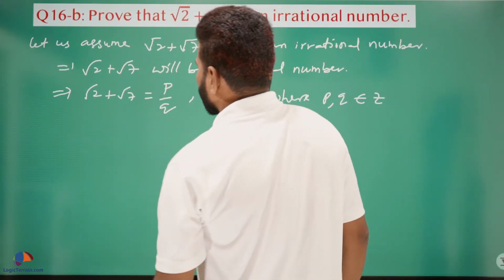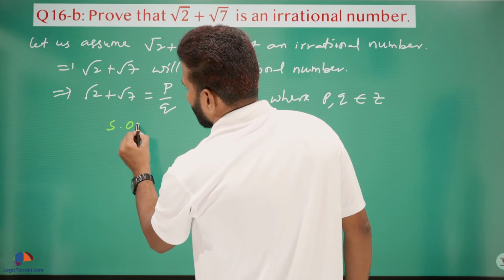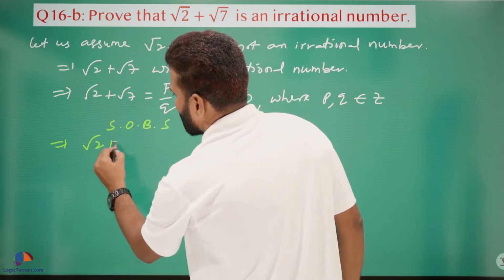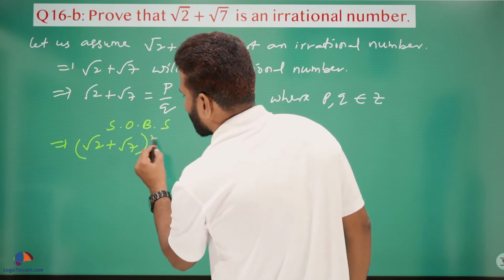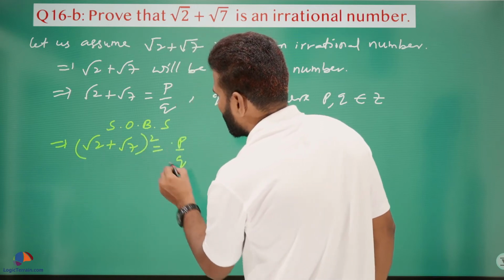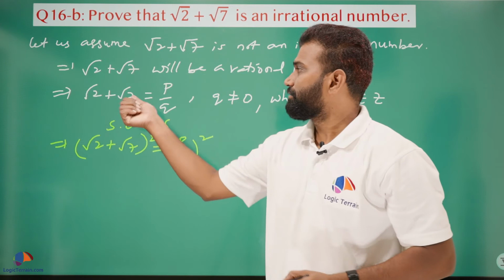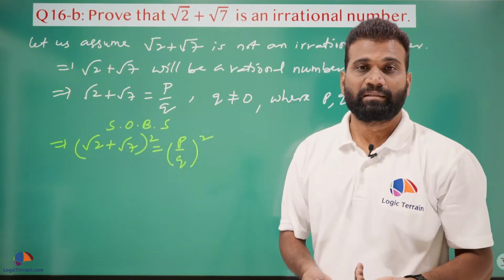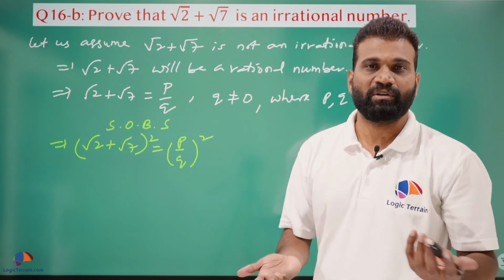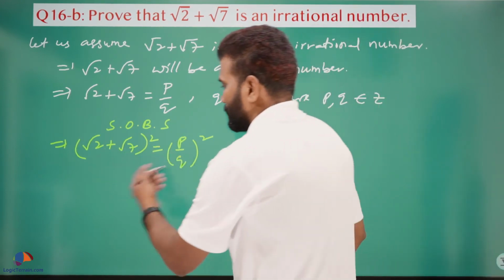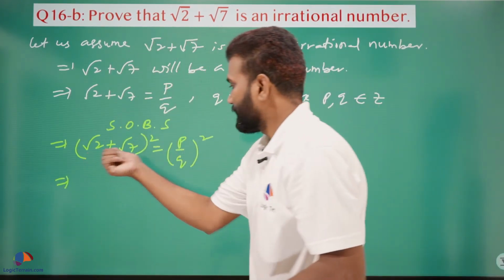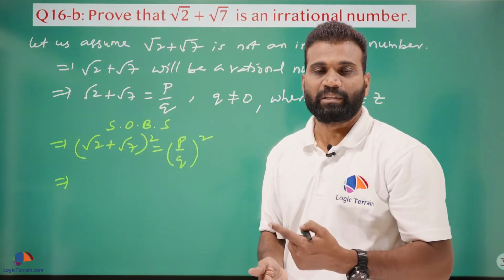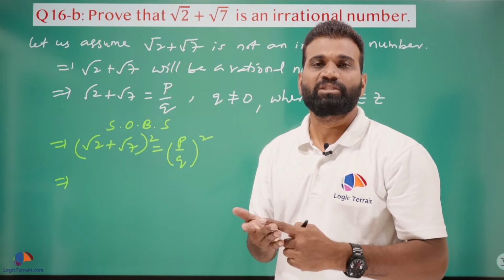Then further, squaring on both sides, (square root 2 plus square root 7) whole square is equal to (p upon q) whole square. Because here we have square roots, to remove them we have to square on both sides. That is the only option we have, right? On squaring, it looks like (a plus b) whole square, so by using the algebraic identity, a square plus b square plus 2ab.